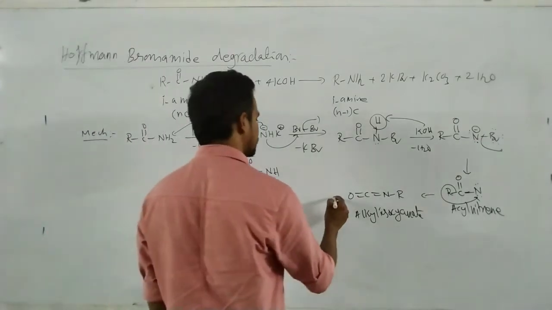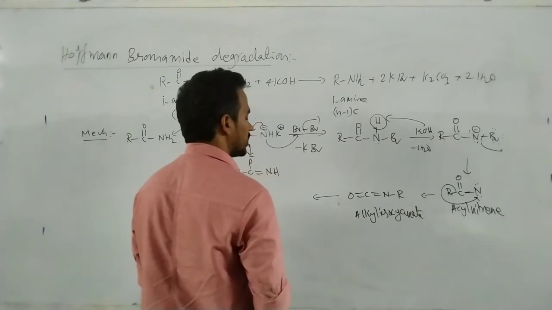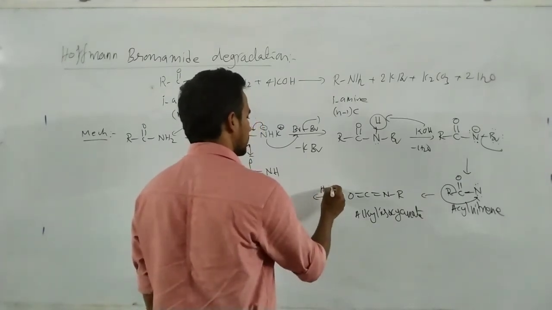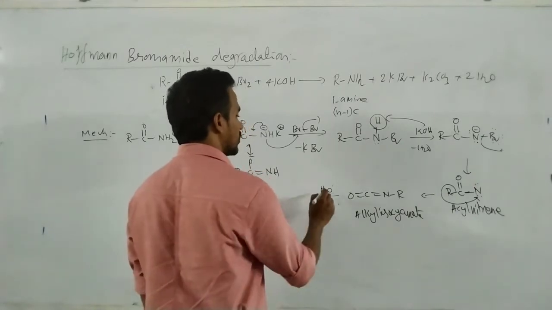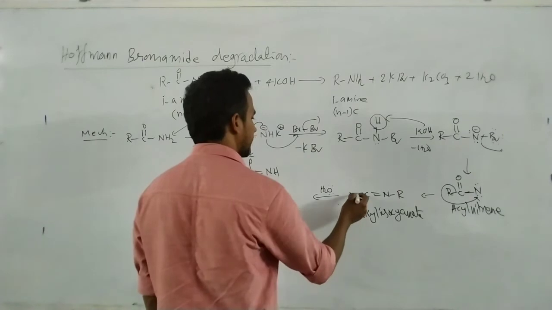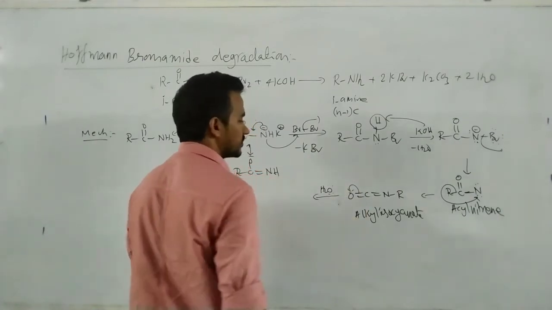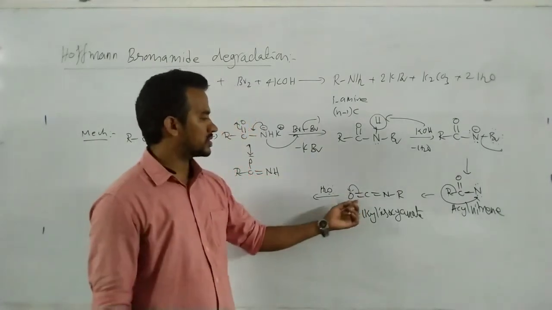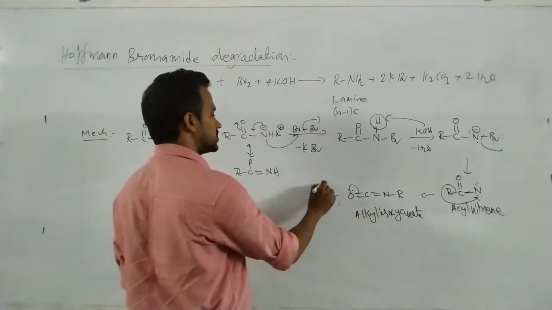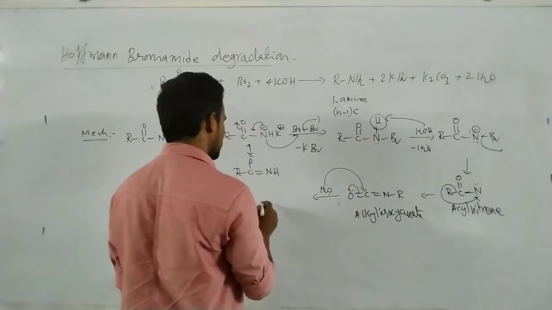Now this alkyl isocyanate, on treating with water, undergoes hydrolysis. So this nucleophile attacks on this carbon. Actually here the carbon oxygen bond is the more polar bond. So here OH, that means the nucleophile attacks on this one.